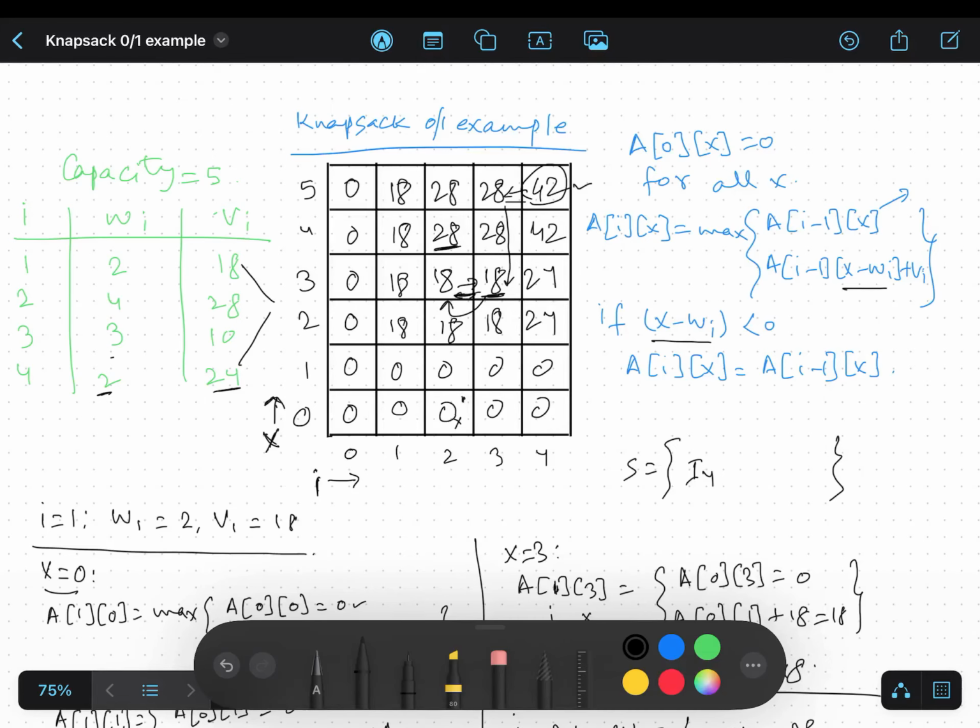So we move here and then we see that again the value is either coming from here or it is coming from the previous column and minus the weight of the second item, which is going to be negative.